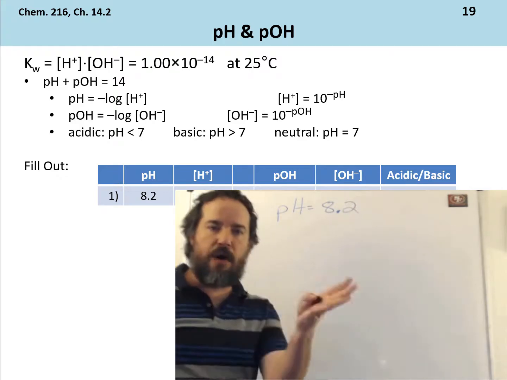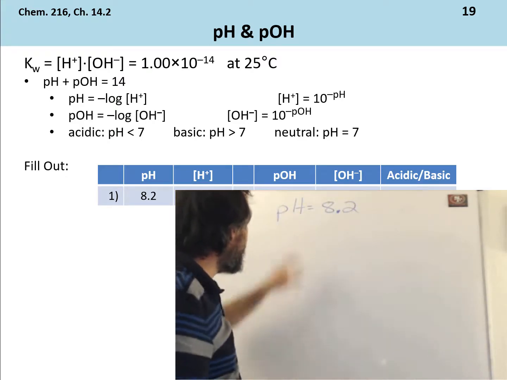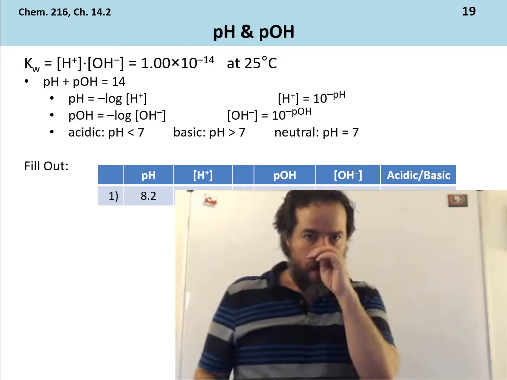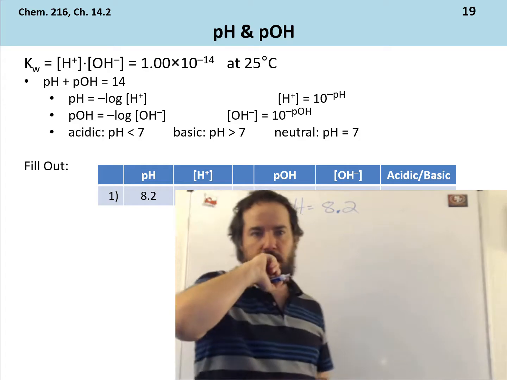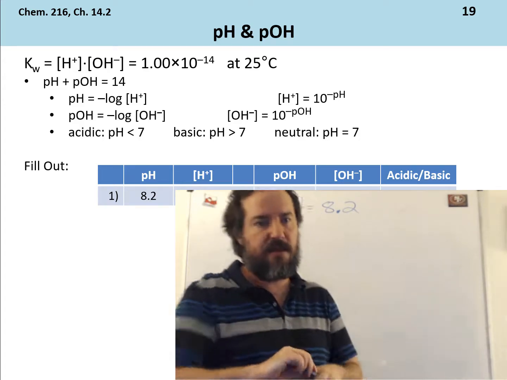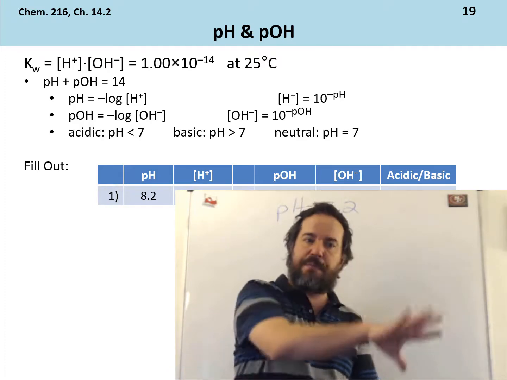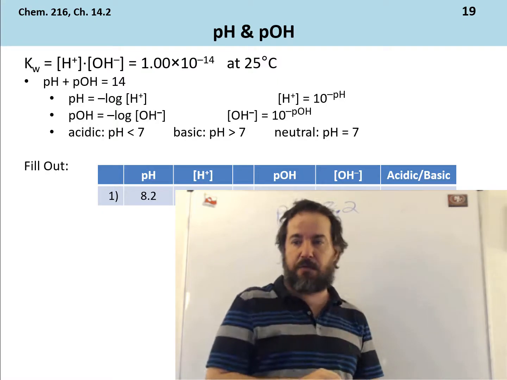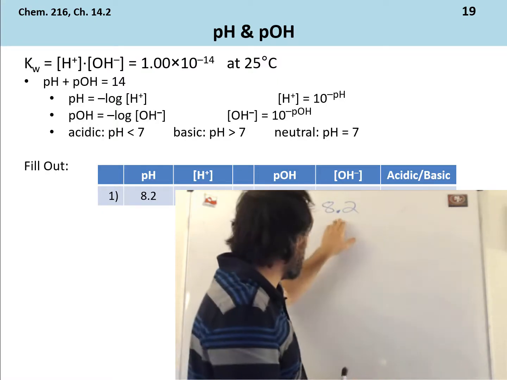Let's say I want to figure out H plus. How can I figure out H plus from pH? Well, if I look at the top there, I have that top equation, Kw equals H plus and OH minus. That doesn't have pH in it, so I'm not going to use that. I have pH plus pOH equals 14. I'm not going to use that because it doesn't have H plus in there.